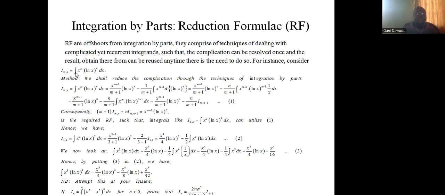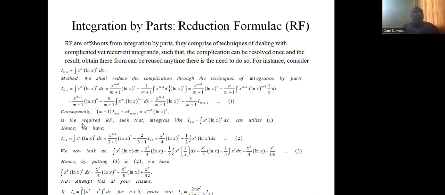Look at what is happening here. Look at this integrand, for instance. By the time you start doing integration by parts on it, you arrive at this equation 1 that reduces the complexity of it, and it's in terms of I, the integral.